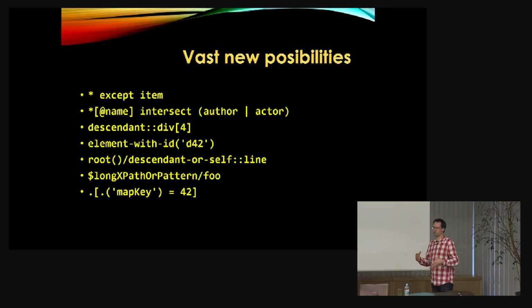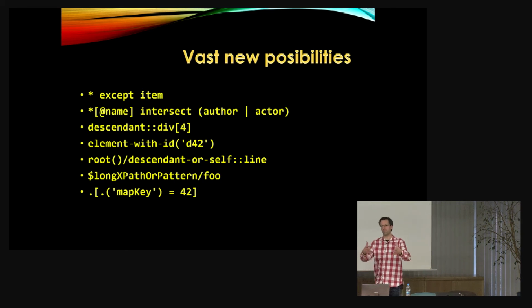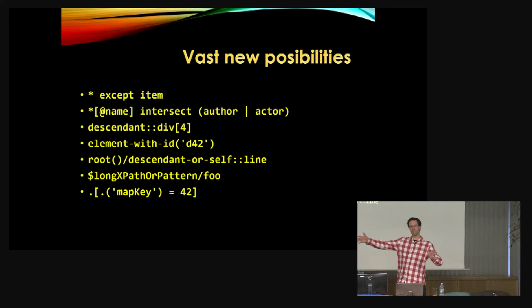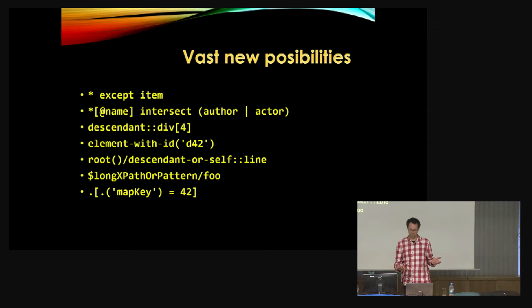So I hope your processor does not try to do that again and again, but caches that. An example of using descendant or self, here you see it with the root function in the beginning. By using descendant or self, it also matches on root itself, if that is in line. The example with a variable, long XPath or pattern, I just mean put that in a variable with your very complex XPath and match over that. It's as simple as that.